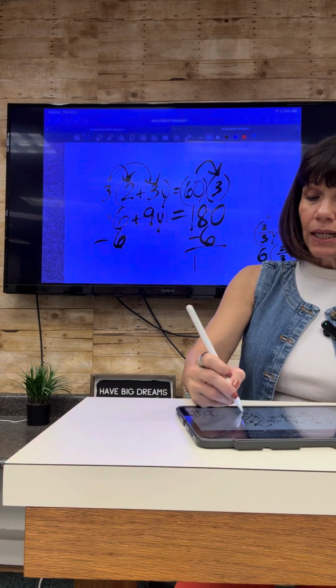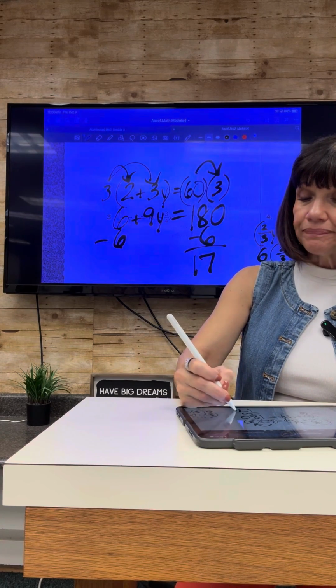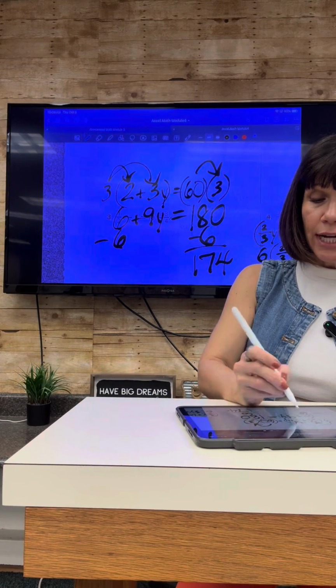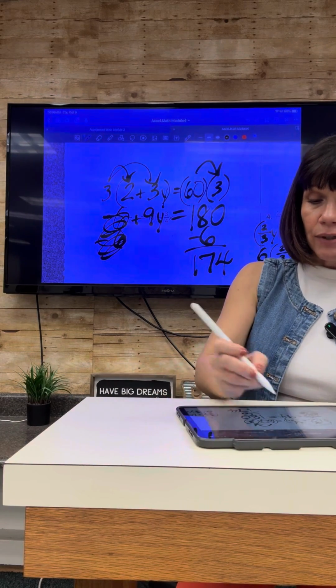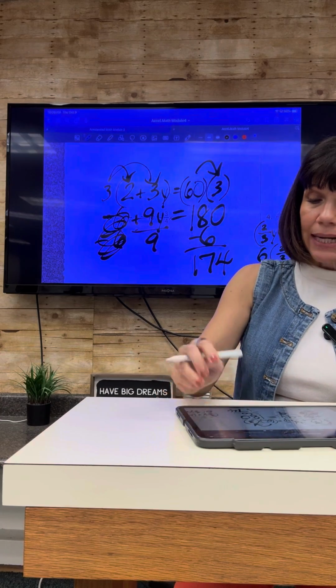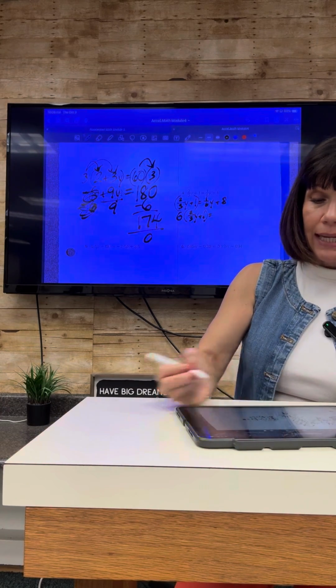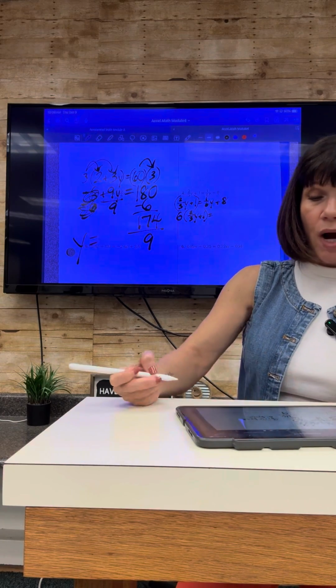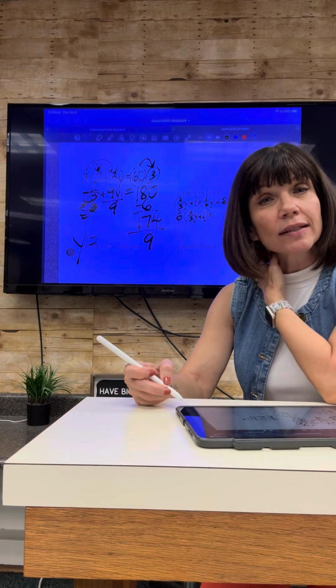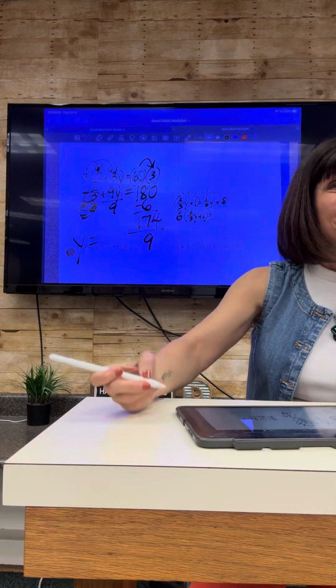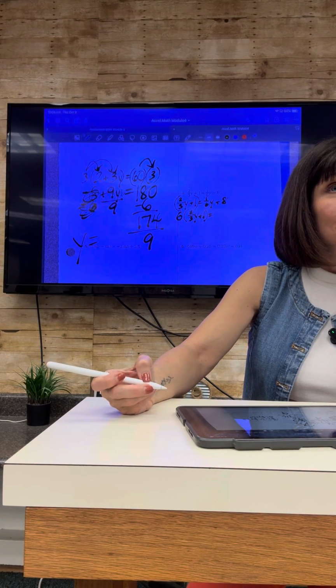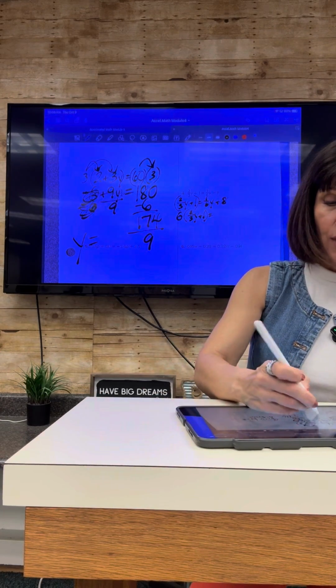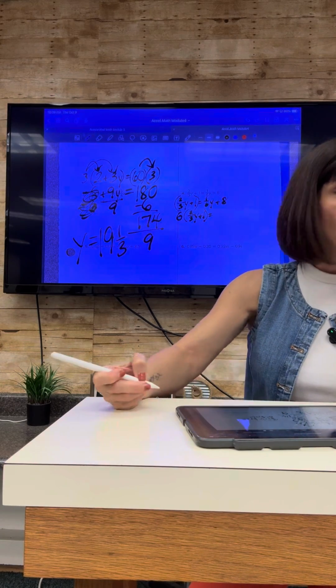That would give me 174 over here. I would divide both sides by 9. Somebody do that on your calculator, please, and tell me what you get for y equaling what? It's okay if it's a decimal. Yes, ma'am. Okay, thank you. So that would be 19 1/3, wouldn't it?